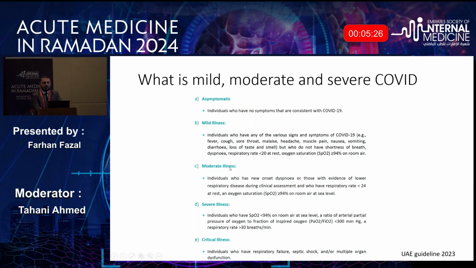When you say moderate illness, it means there is dyspnea, the patient is breathless, and SpO2 is less than 94%. Severe is somebody who has PaO2/FiO2 less than 300 and respiratory rate more than 30. So the question is, if the patient is not breathless but the chest X-ray shows a patch, most likely this might not be the best time to intervene in this particular patient.